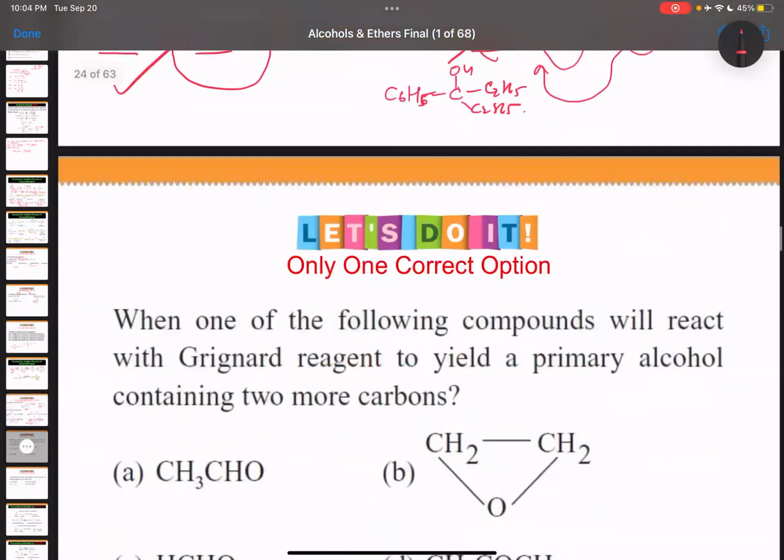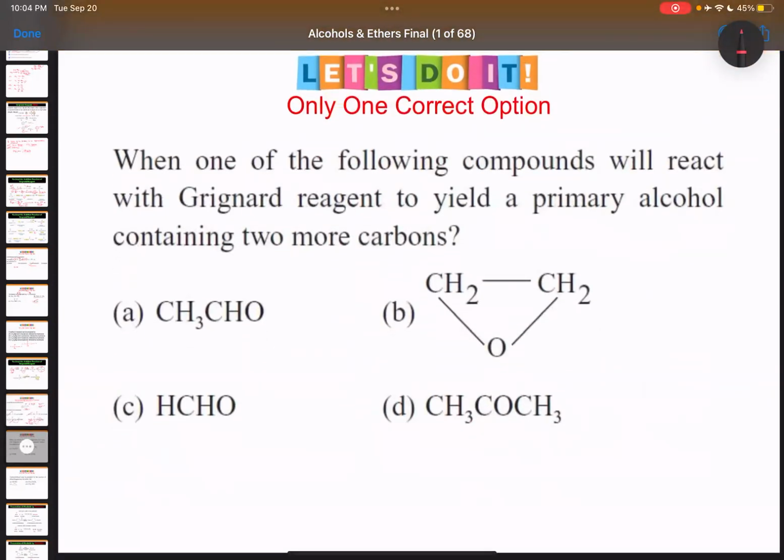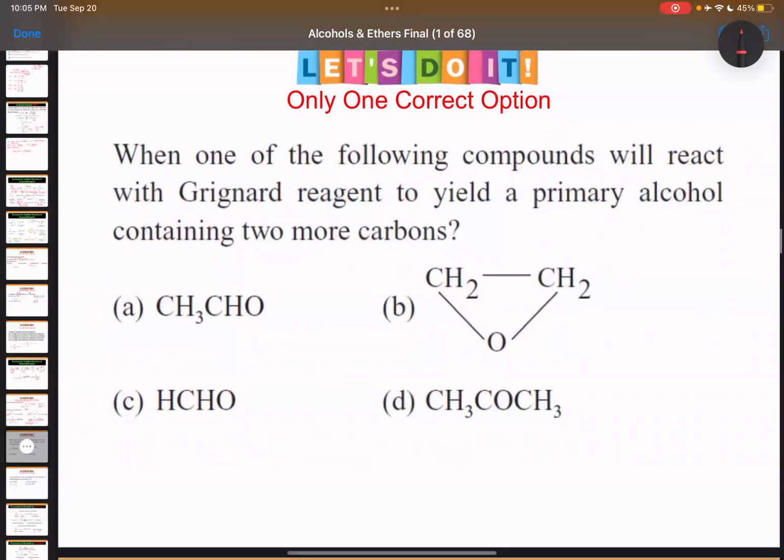So we discussed this one already. Just a question on that. Sir, C. C will have only one carbon.